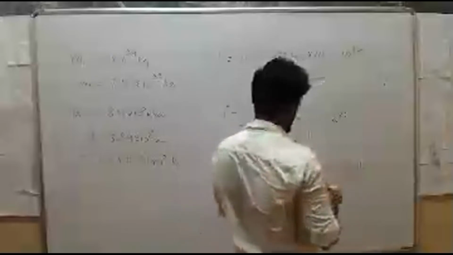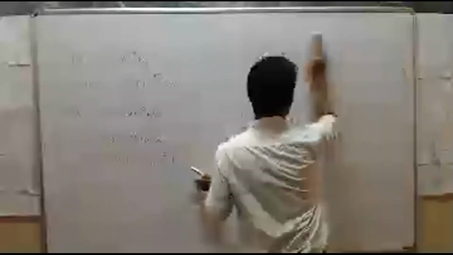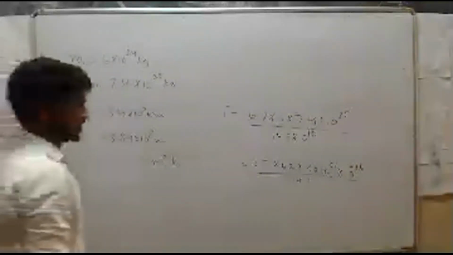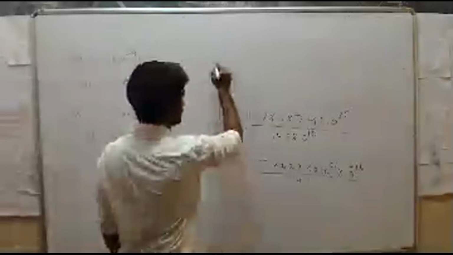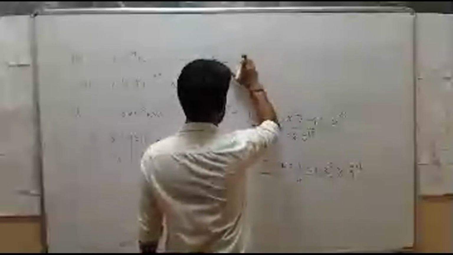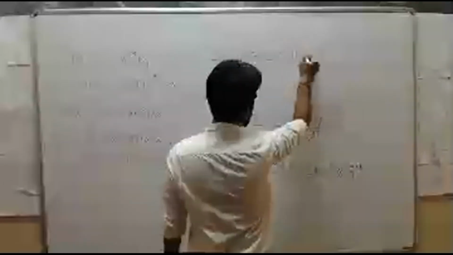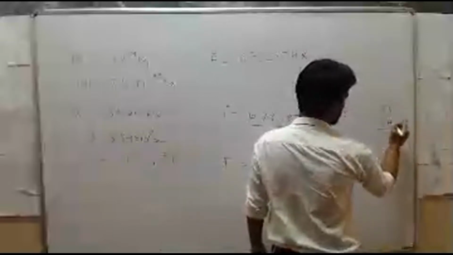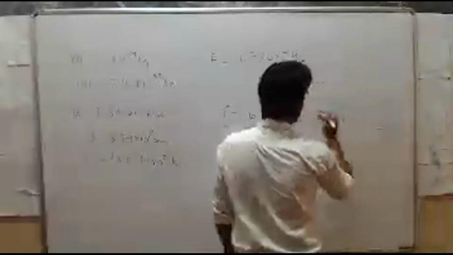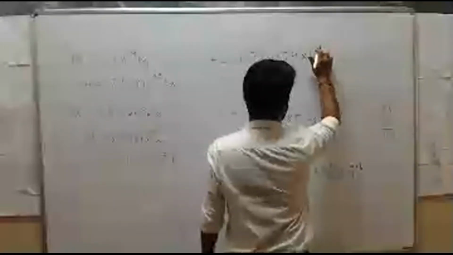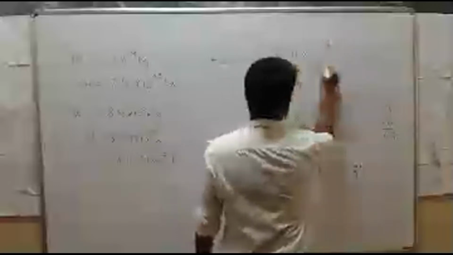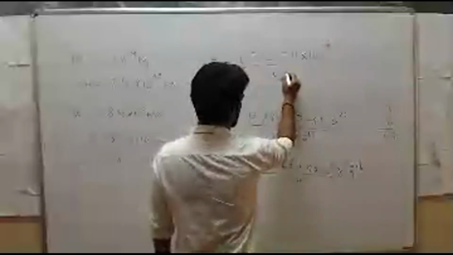Okay. Yes. Next. Here 35 minus 16 is 19, so it is 10 raised to the power plus 19, divided by 14.7.